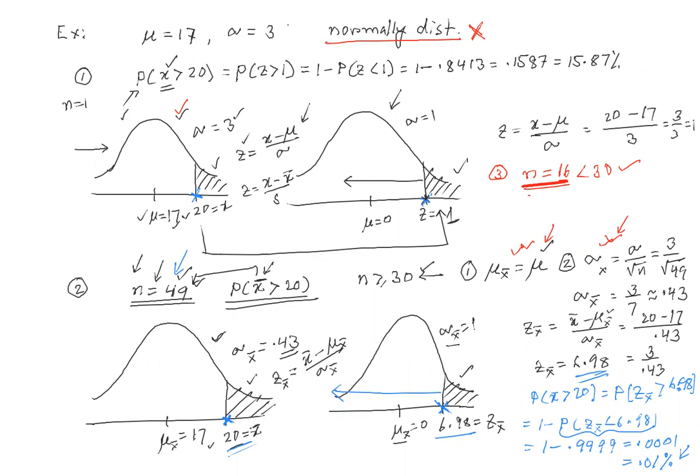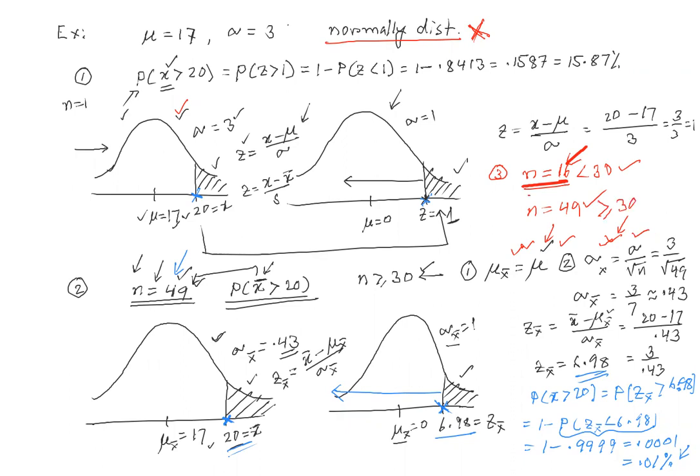You need to look at the sample size and then figure out whether you can use the conclusions of the central limit theorem or not. On the other hand, if I said nothing about the population distribution, which could be any arbitrary shape, and I give you n equal to 49, then perfect. You can use these two conditions, because this is bigger than or equal to 30.